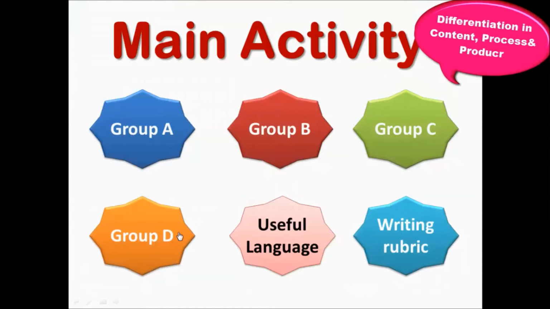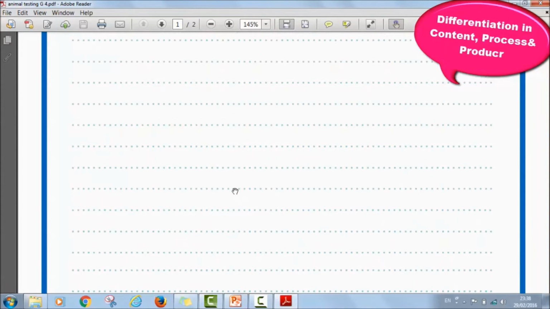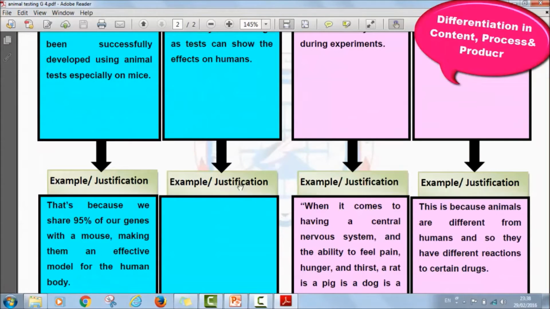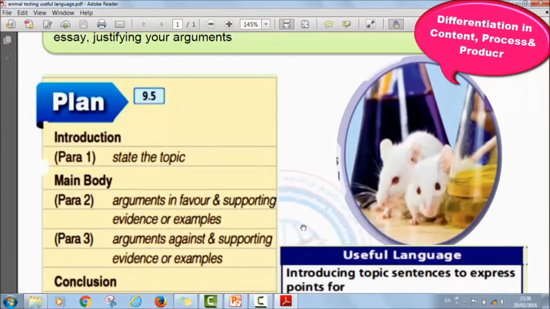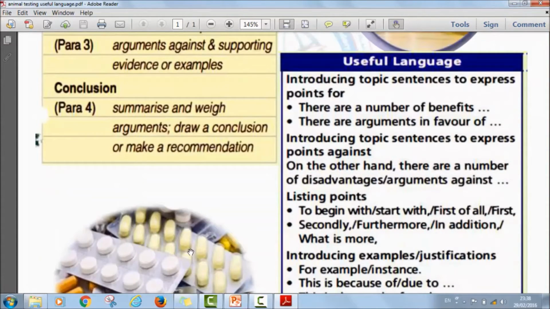And for group D, the highest achievers, weren't given any aids, and the planning was not fully filled in. And I gave each group a useful language box taken from the main resource and the planning itself from the main resource.